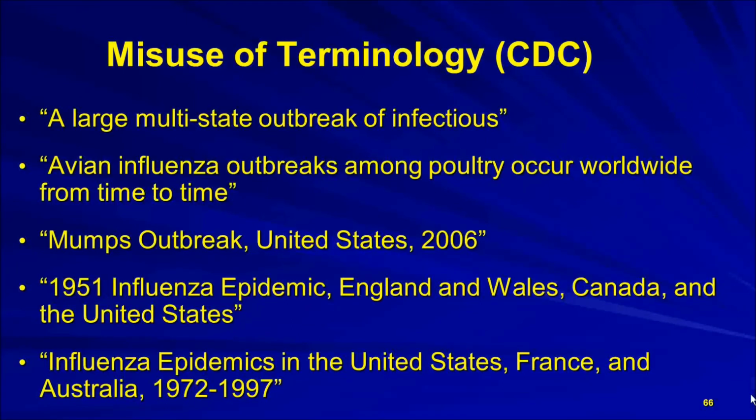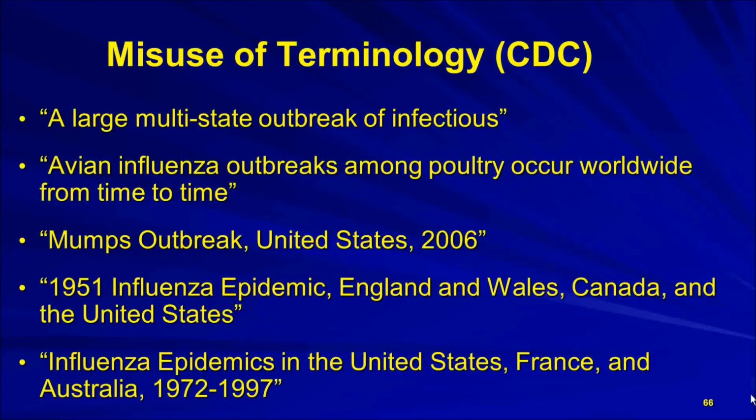So if I was going to talk to you about a multi-state outbreak of infection, that most likely would be either an epidemic or a pandemic. If it was restricted to a certain region, then it would be an epidemic. If it crossed the country, it would be a pandemic, but by no means would it be an outbreak.